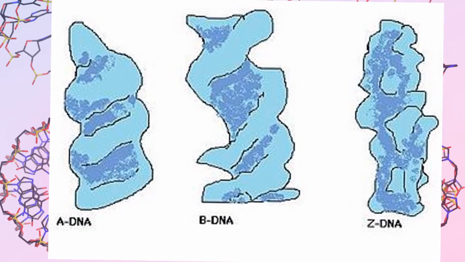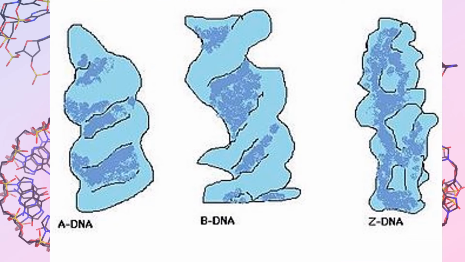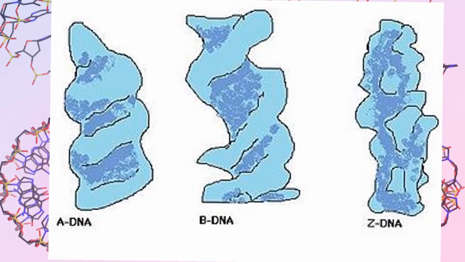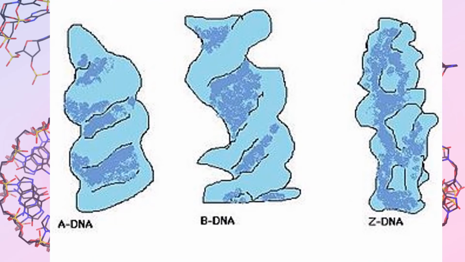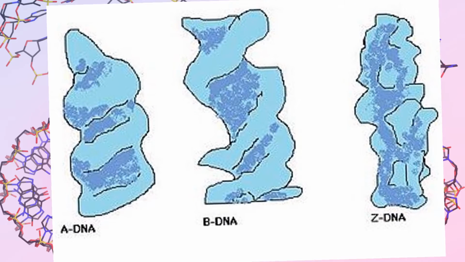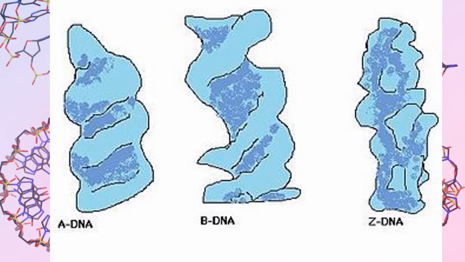Let's now consider 3 families of DNA helixes. A-DNA, which can readily form within certain stretches of purines. Example, GA, GG, GA, where G stands for guanine and A stands for adenosine. B-DNA, which is favored by mixed sequences.